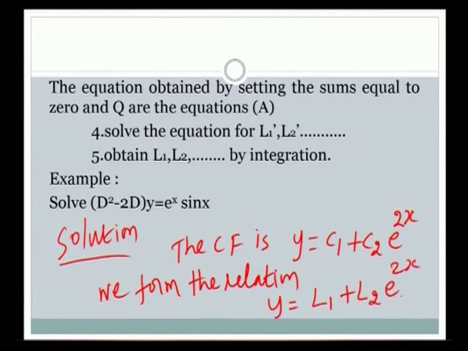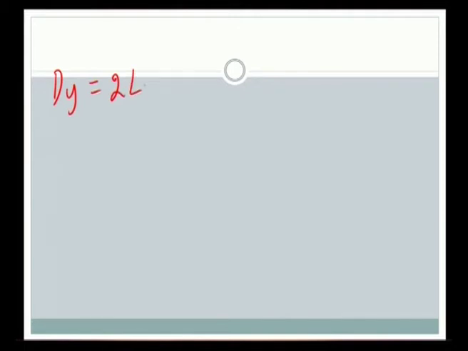As we learnt earlier in the theory, the c's are replaced by the unknown parameter L, then this is differentiated as many times as the order of the differential equation. So, differentiate this y. The first differentiation, dy, gives 2 L2 e power 2x plus (L1 prime plus L2 prime e power 2x).